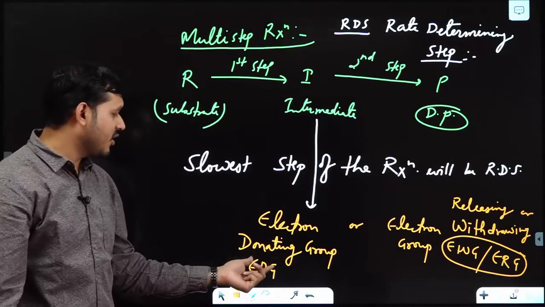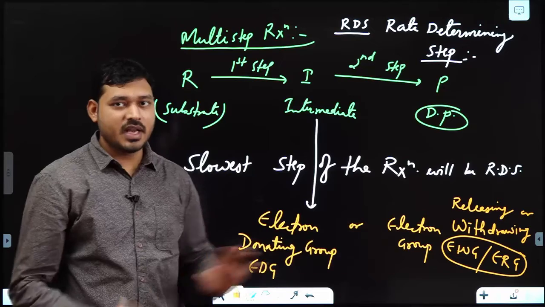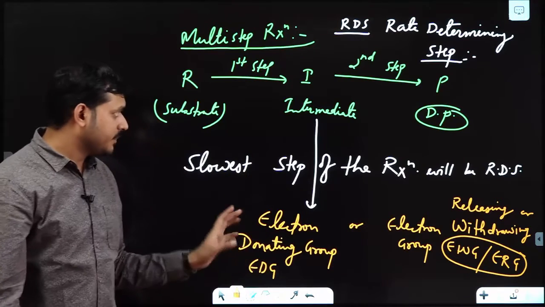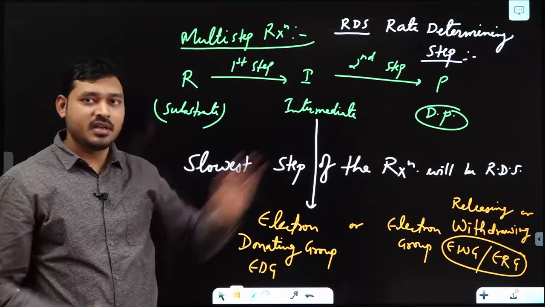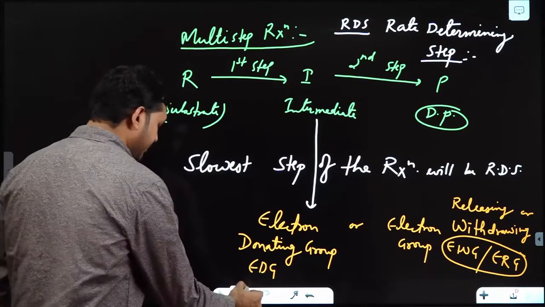So the intermediate can be an electron donating group or an electron withdrawing group. Clear? Now on this basis, it will depend how the second step will proceed. Clear to you? Okay.